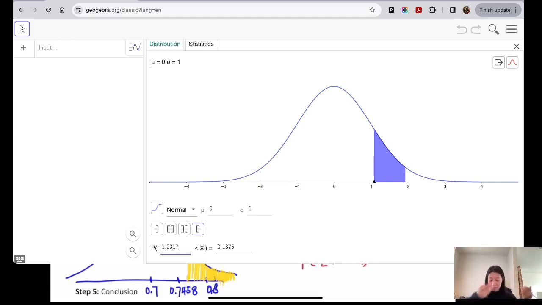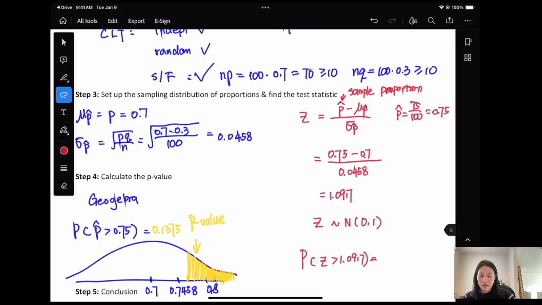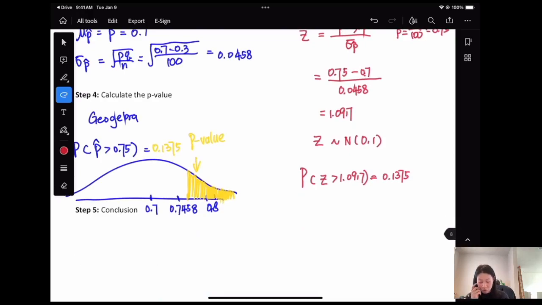So it's the same. You got the same p-value, which is 13.75%. That's our p-value. So what is going to be our conclusion?